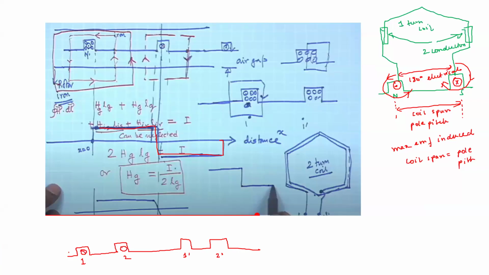So we have cross, cross, dot, dot. So what will happen? Due to 1 and 1 dash, let us say this is 1, 1 dash, we will have MMF like this.